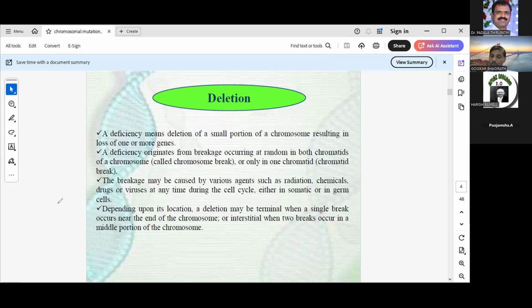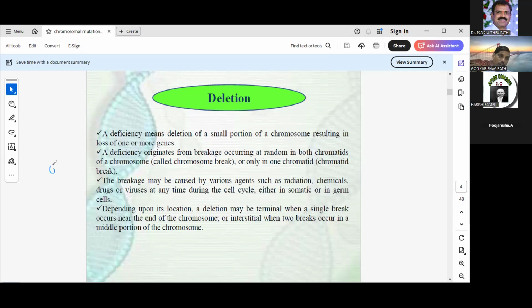So after deletion, how does the chromosome behave? In the heterozygous condition, both terminal as well as intercalary deletions can be observed during the pachytene stage of meiosis by the formation of a buckle-like projection.